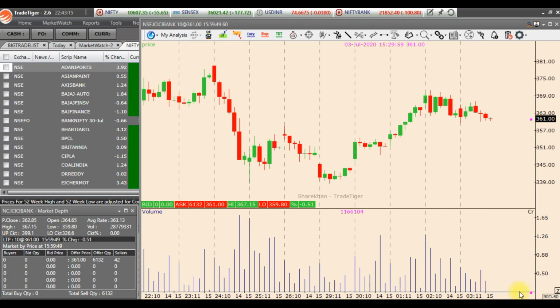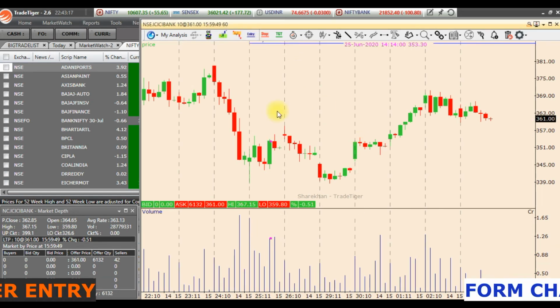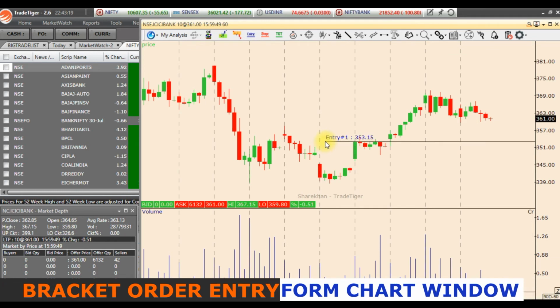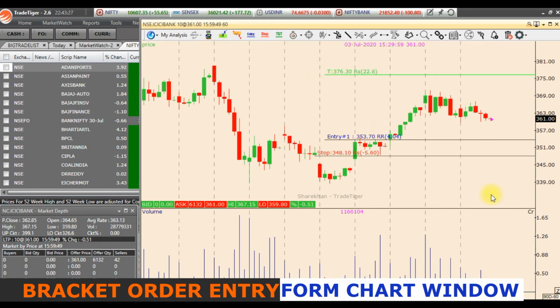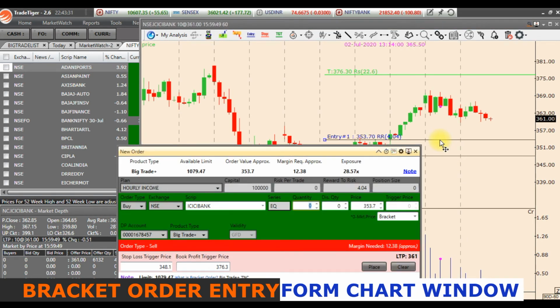Say, for example, you want to enter at this price, with the stop loss at this level and the target at this level. All you need to do is go and click. Automatically all the values will be taken: stop loss, target and also the entry level.